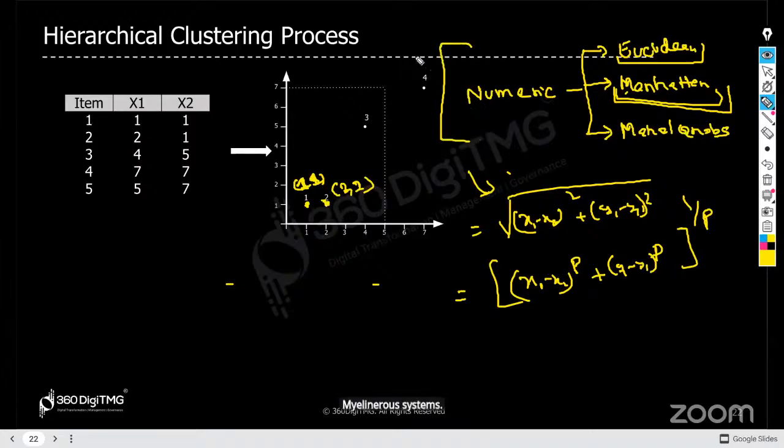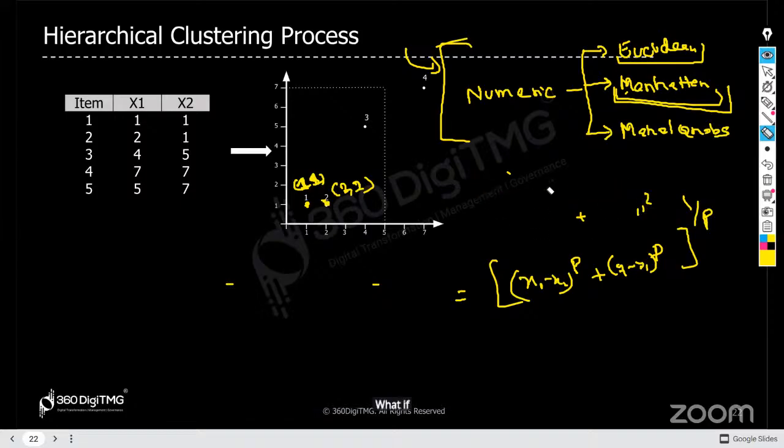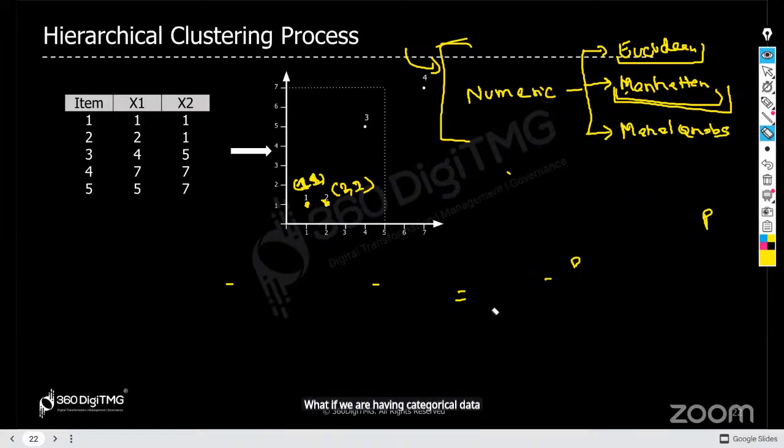All these distances we use for numerical values. Now, what about categorical values? What if we have categorical data and we want to find the distance? Is it possible to find the distance between categorical data?